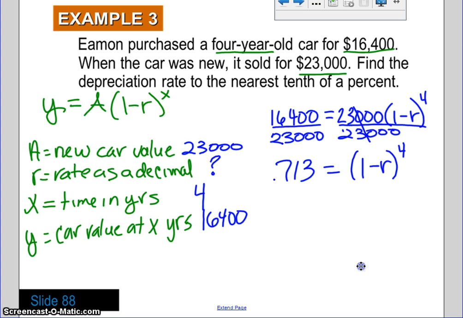Now we've talked about before how to get rid of a square root. So what do we do when we've got it to a power with a variable inside? The easiest way is the same way as when we break something down. So we're going to multiply this by a 1/4 power.